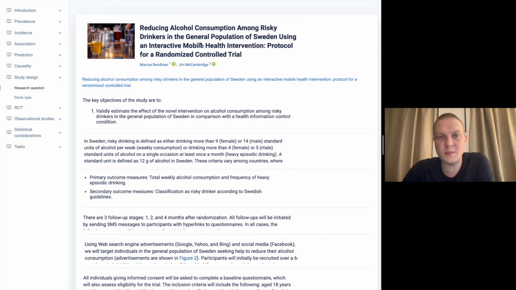So we can see here that the population is the general population of Sweden. Risky drinkers, that gives you a signal that there's some kind of inclusion criteria here. The outcome seems to be alcohol consumption, and the idea is to reduce it. But it doesn't really say what the comparator is here. So the authors might want to revise their title.